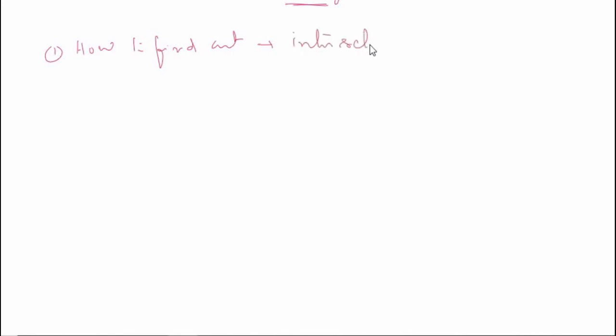Now, first one, that is how to find out whether two linear equations in two variables are intersecting or coincident or parallel without graph.